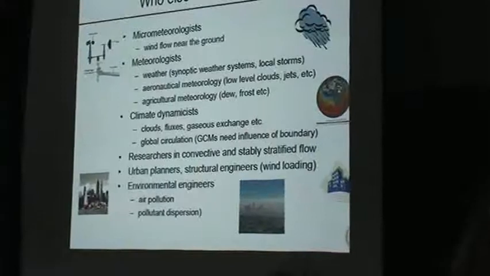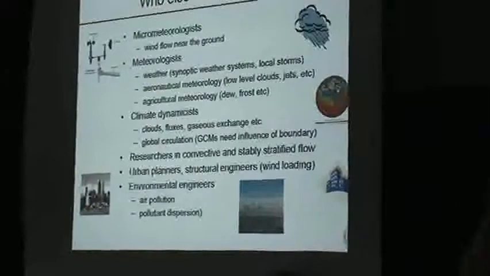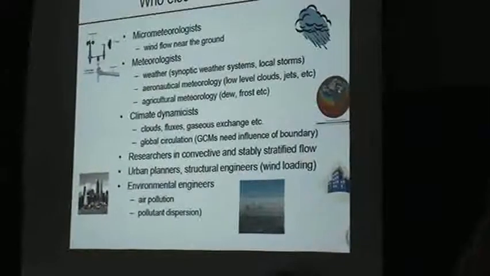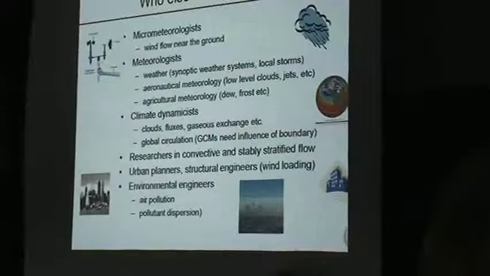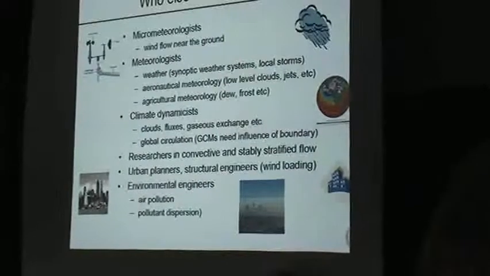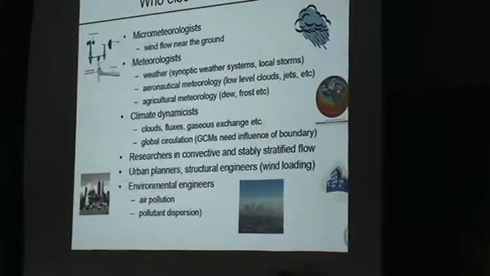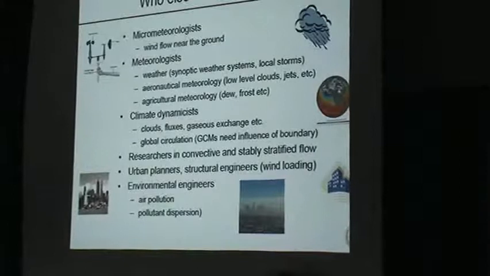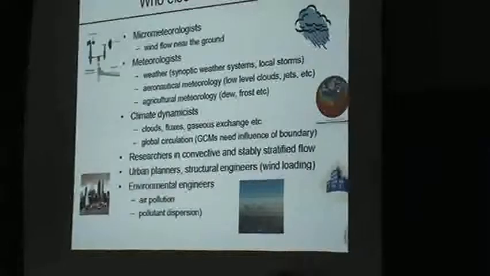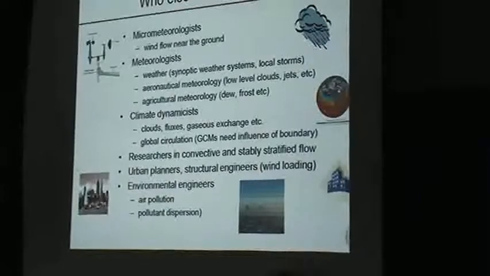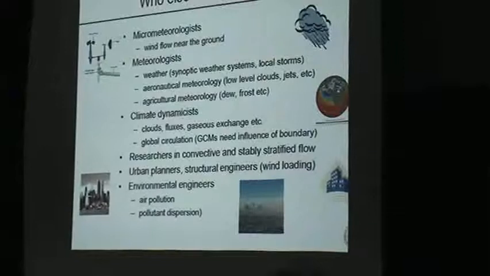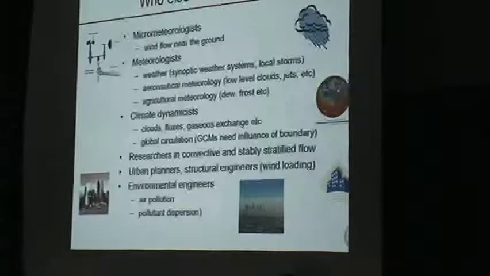Okay, so who else studies the surface layer? Obviously, people like me who are interested in turbulent boundary layers are not the only people who are interested. A range of folks look at this. Micrometeorologists look at wind flow close to the ground. Meteorologists study weather, clouds, all sorts of aspects that you see up here.